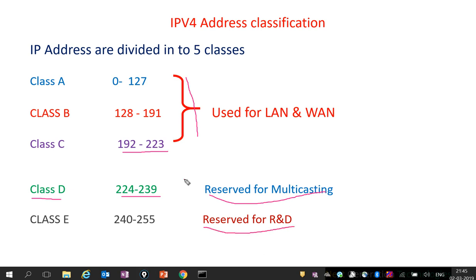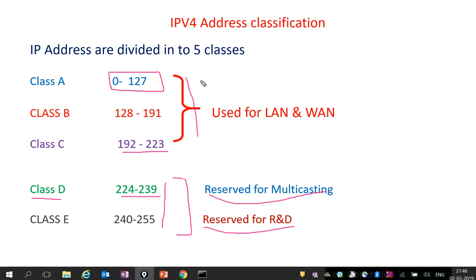So these 2 classes we are not using for general purposes, and we cannot allocate these IPs to a network or the host machines. And what does this represent? Generally this represents the first octet of an IP address.